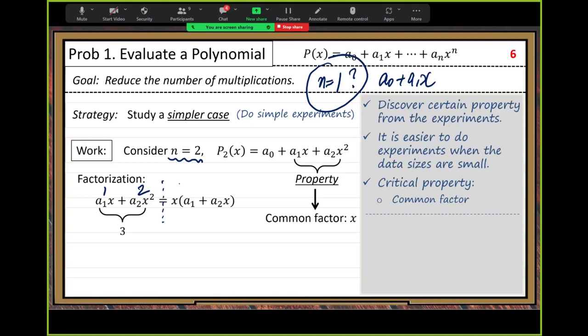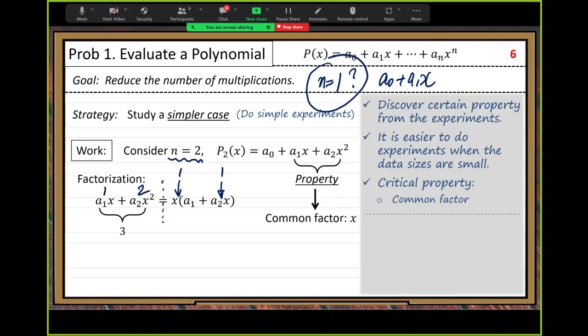The first one is x times the parenthesis. The second multiplication is inside the parenthesis, a2 times x. Total 2 multiplications. Can you see the reduction? From 3 to 2. So that's the meaningful reduction, right?